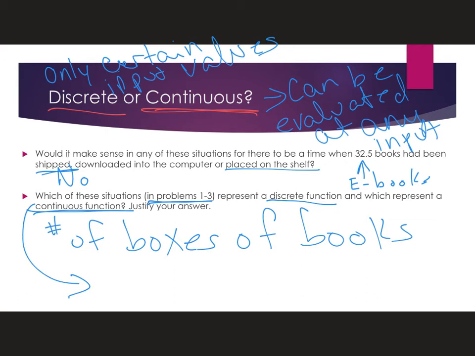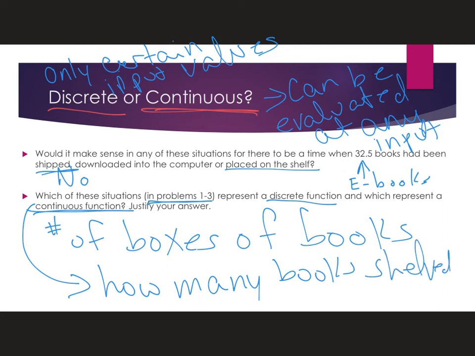A continuous function would be how many books we reshelved or downloaded, because we might have part of a book downloaded, and we can check that at any given time. I can check at 1.25 hours how many books they've reshelved.